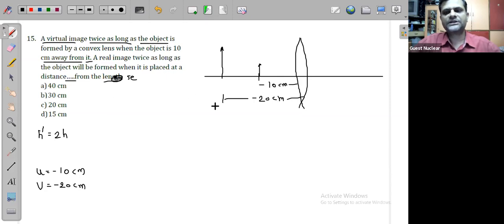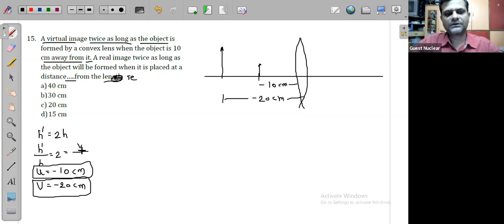So 10 centimeter is the object distance, and the image distance must be minus 20, just because the image is twice the object. And see here, h dash upon h is given as 2, so the same thing should be the ratio of v upon u also. The ratio of v and u should also be 2, which means v must be equal to 2 times u, and hence we obtain v equal to minus 20 centimeter here, and it is negative because it is a virtual image.